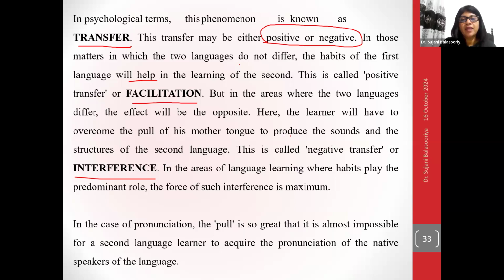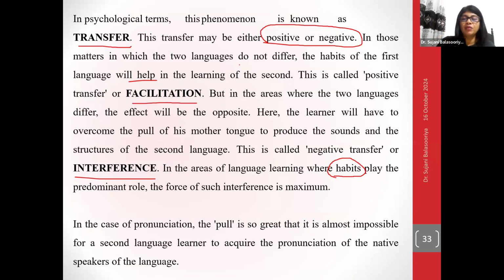In the areas of language learning where habits play the prominent role, the force of such interference is maximum. Linguistic habits. Because this interference or negative transfer happens due to the impact of habits. You know, a person learns language via habit formation, right?